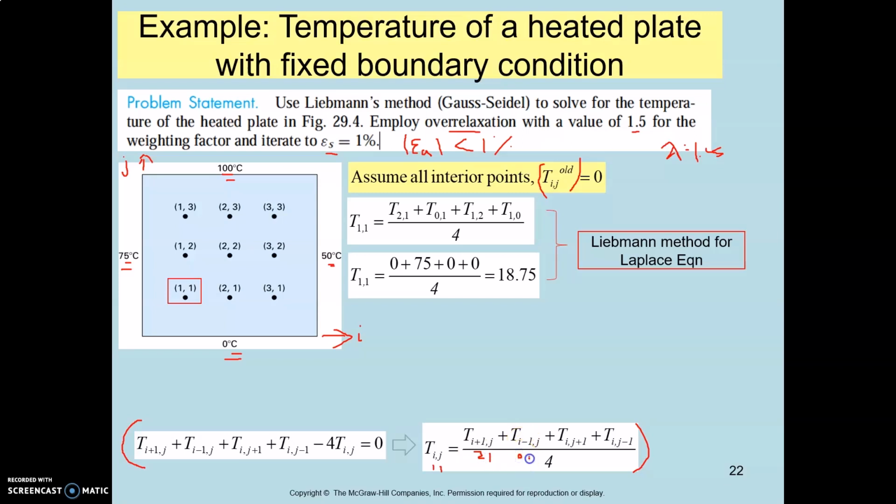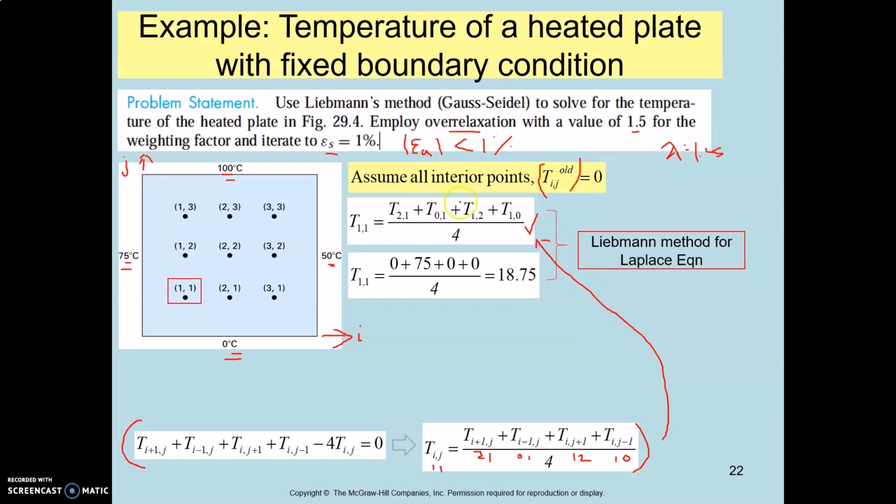This one is 0, 1. This one is 1, 2, and this one is 1, 0. When you substitute i and j to be 1, 1, then you can find this number.